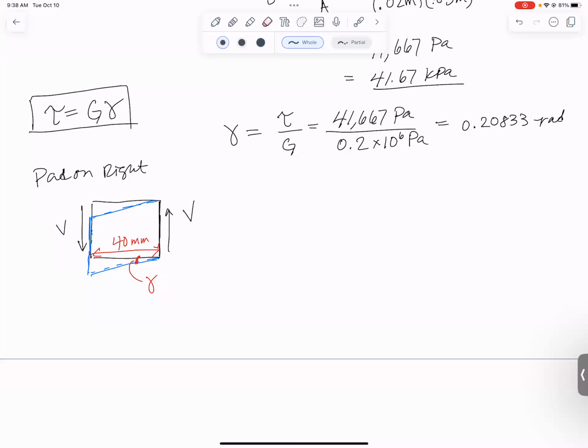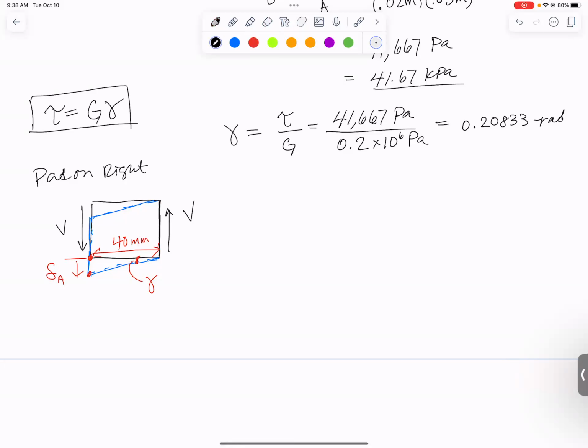And what we were trying to find is this right here, delta A, however far we move from here down to here, the displacement downward that A is going to experience. So I have a little right triangle. I know one side and I know the angle, so I should be able to figure out the other side.